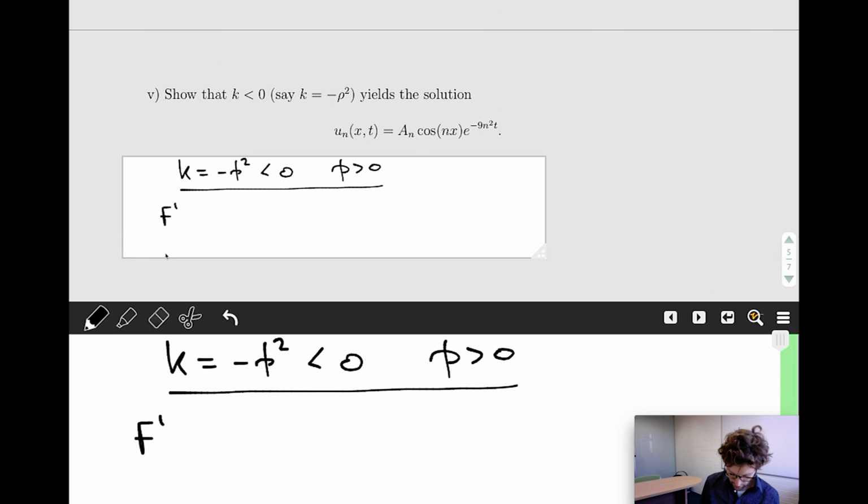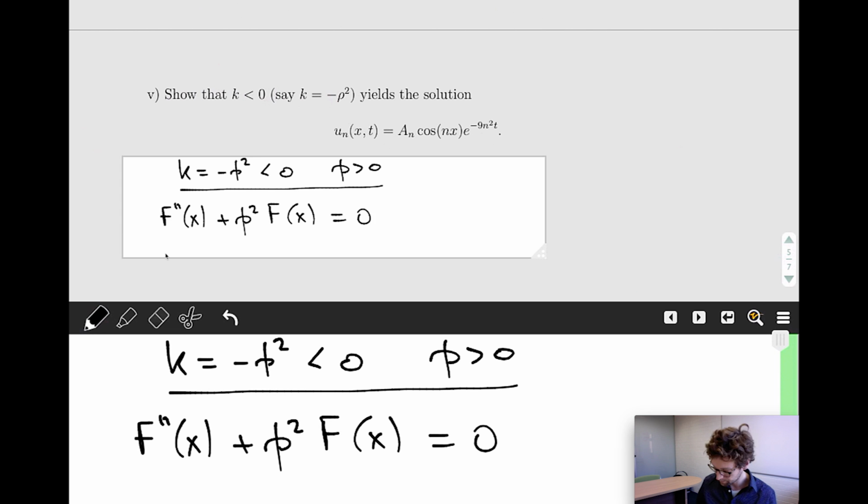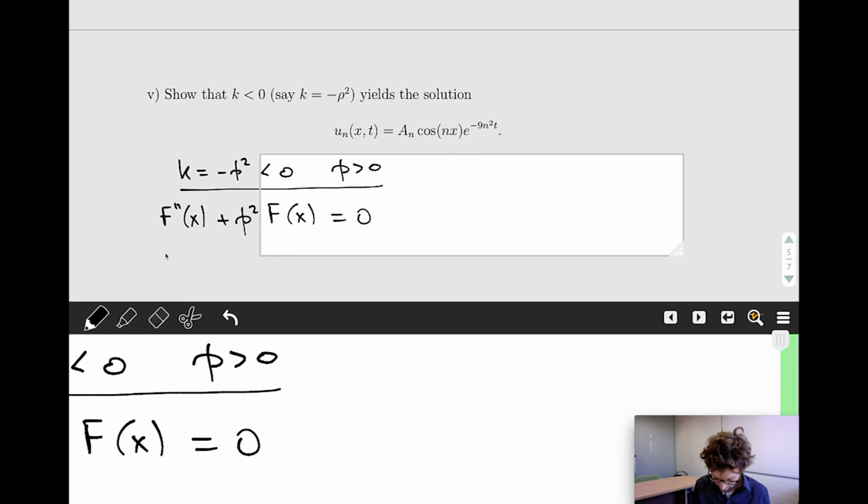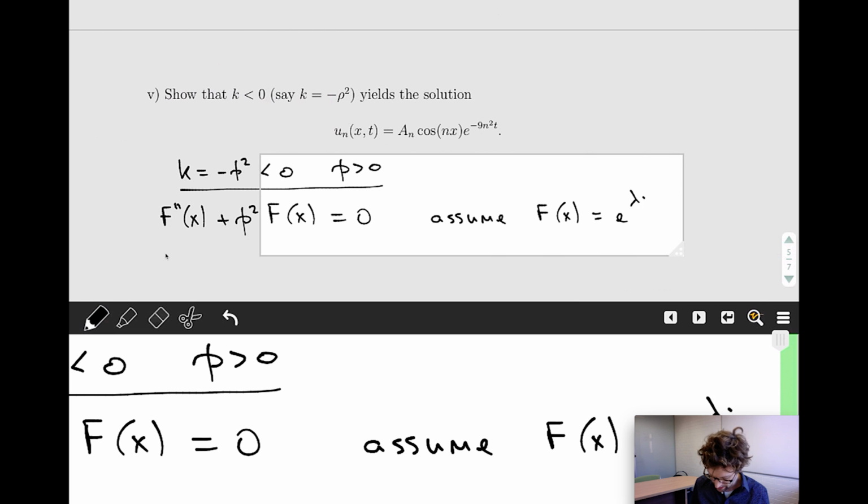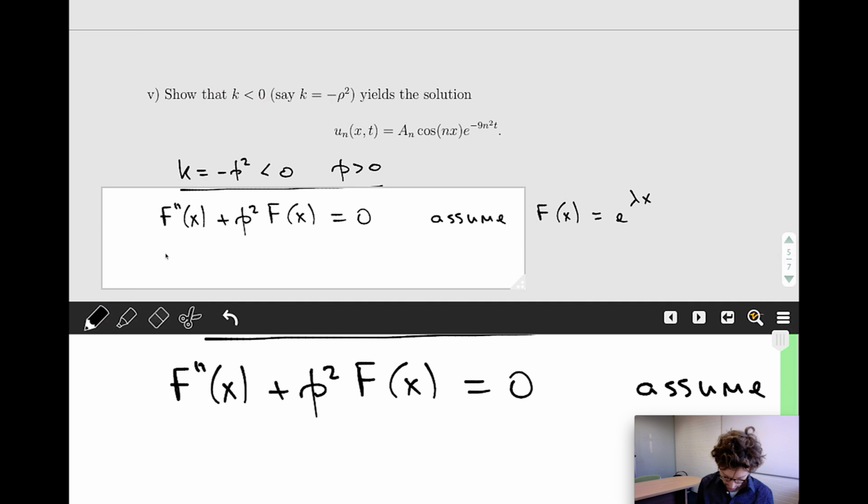So my differential equation now is going to be f double prime x plus p squared f of x is equal to 0. We're going to assume solutions of the form f of x is equal to e to the lambda x, which gives me my characteristic equation.